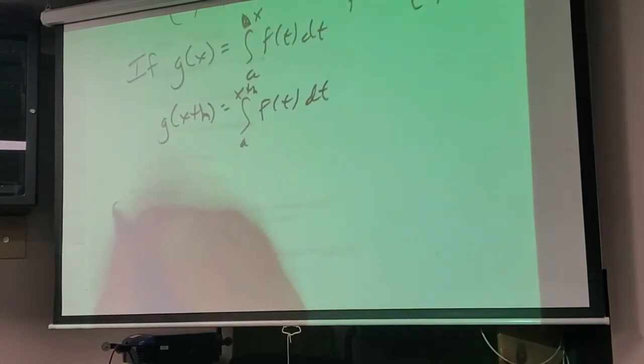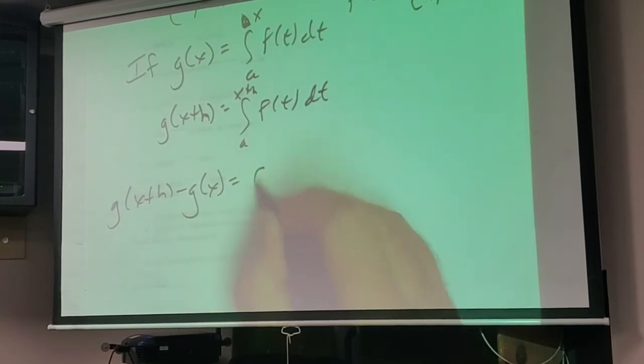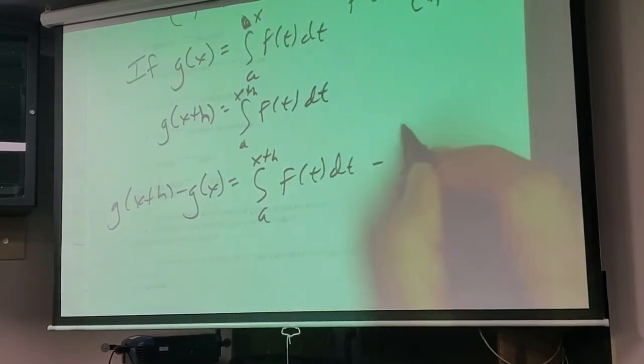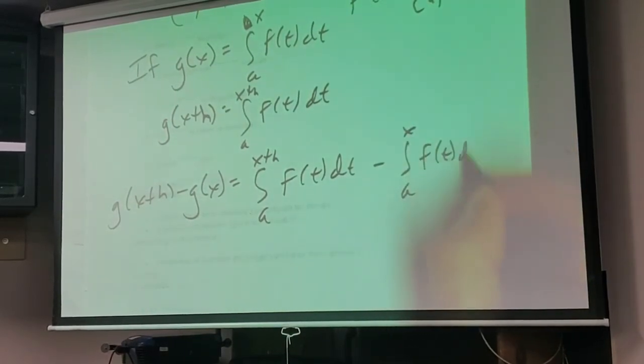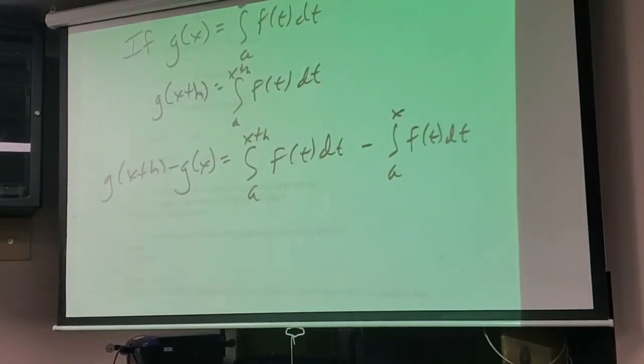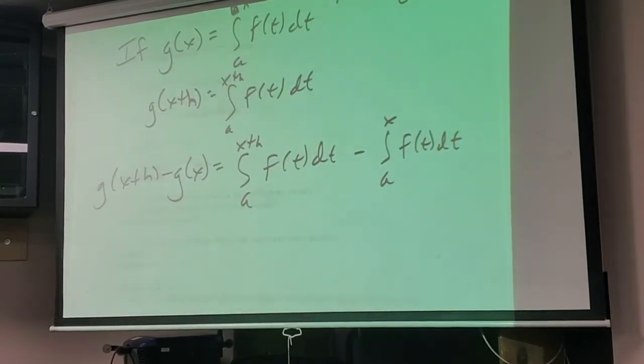So then g of x plus h minus g of x would be the integral from a to x plus h minus the integral from a to x. Nothing amazing so far, right? And of course, I'm trying to work my way towards the derivative.